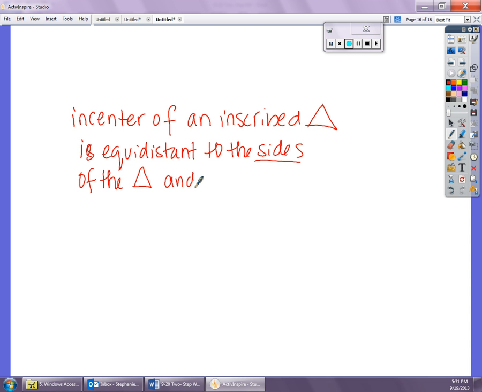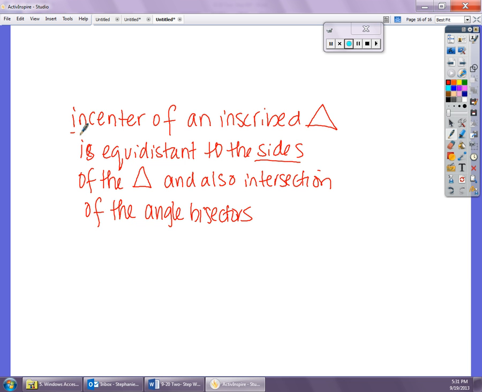And it's also the intersection of the angle bisectors. So incenters, inscribed, angle bisectors, sides.